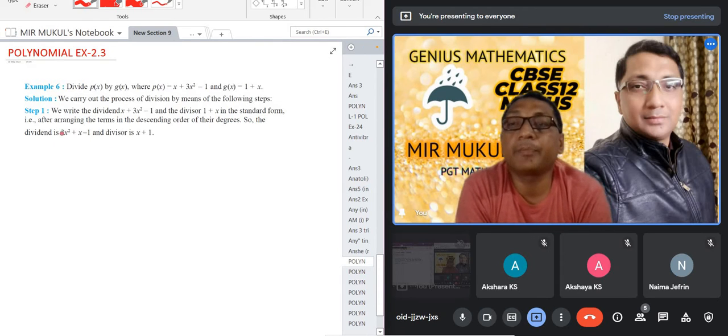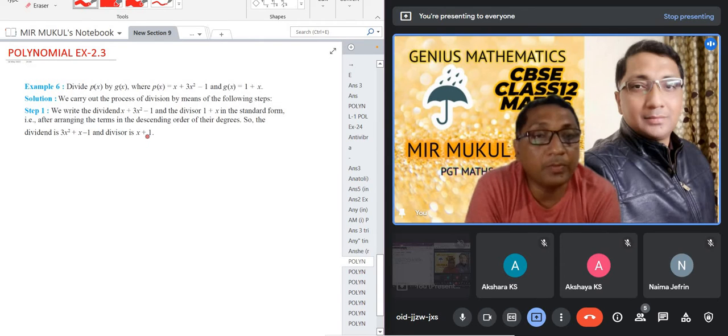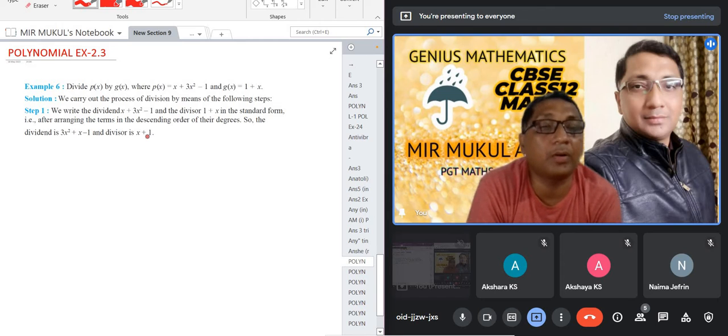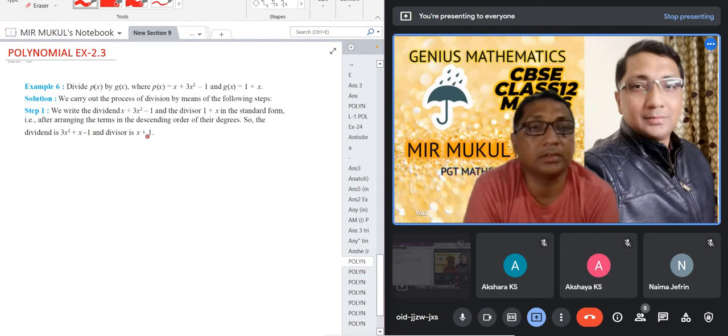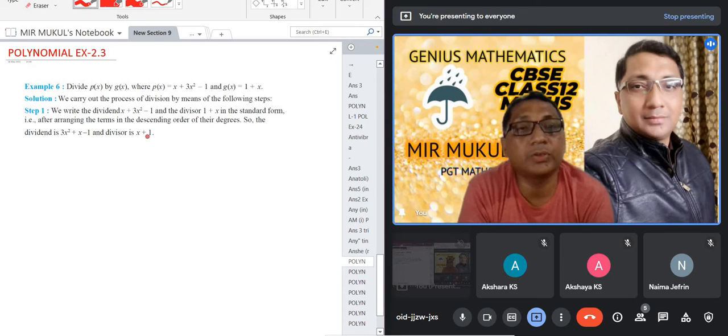Standard form means 3x square plus x minus 1 and the divisor as x plus 1. So always we write the highest power first. After that the powers will be in decreasing order. Is it clear?